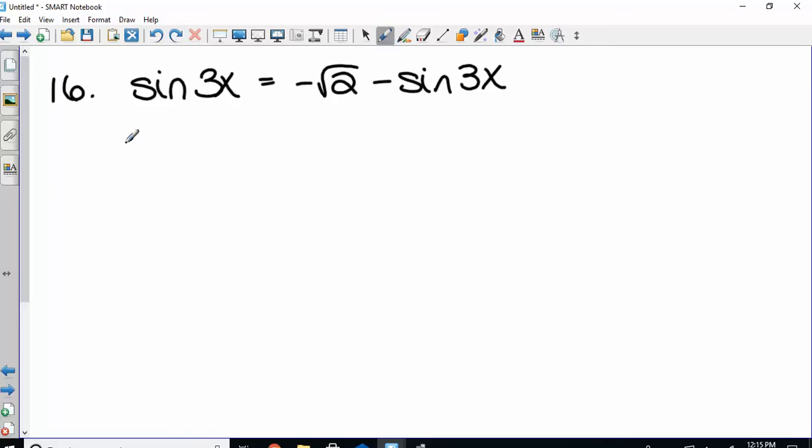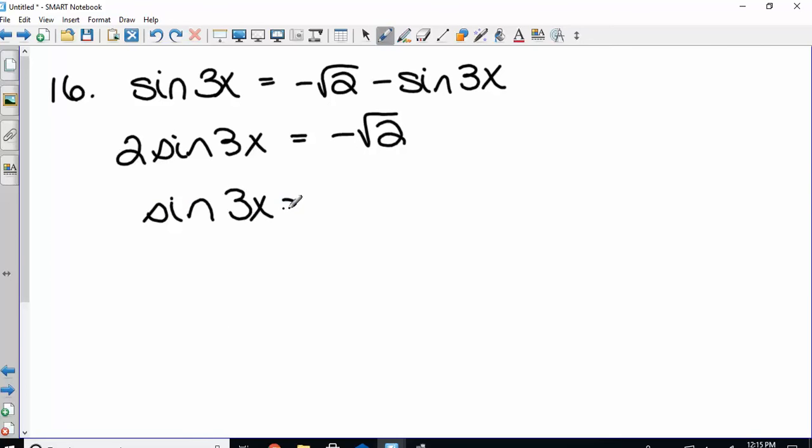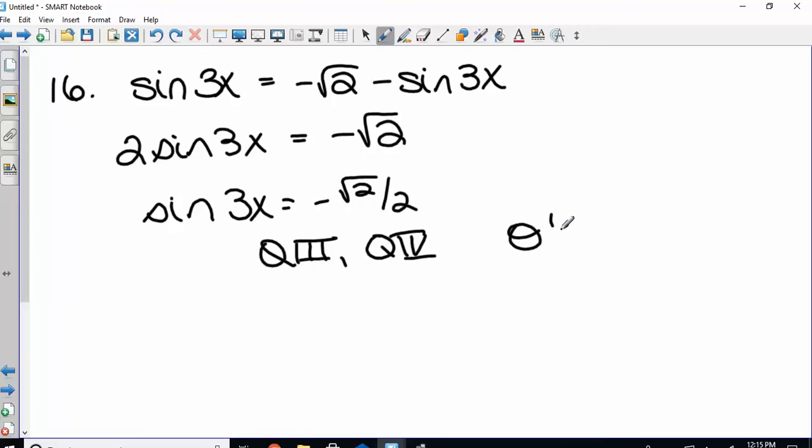So 1 sine x plus 1 sine would be a 2 sine of 3x. Remember, when you add those, the coefficients change, not the angles. If I want to get the sine by itself, we divide by 2. Quadrants, when is sine negative? Reference angle, when is sine radical 2 over 2?